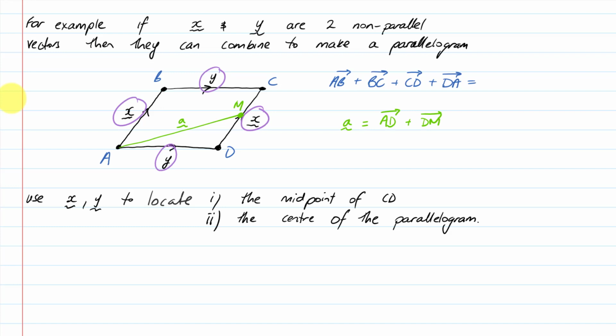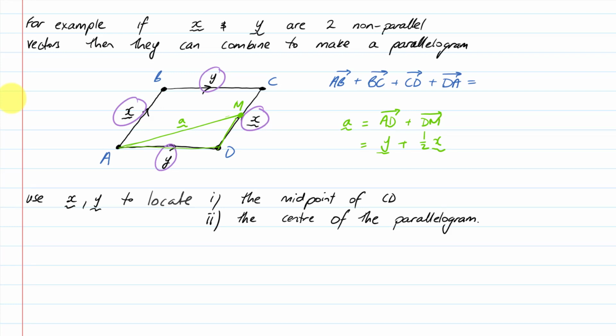Now because it's a midpoint, hopefully you'll see AD is already vector y, DM is half of vector x. So to get from A to M, or the position of M from location A, is y plus half x. So we don't know this vector, but we do know this one, and we do know that one, and we can travel in that direction.